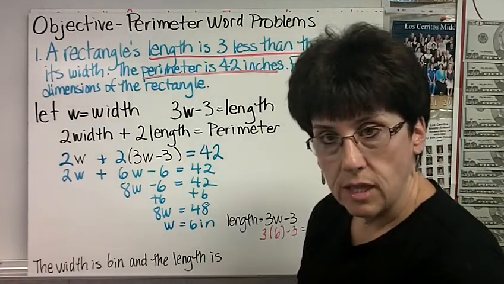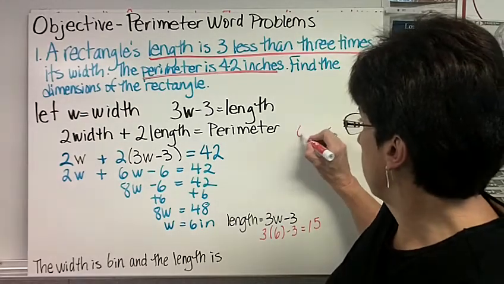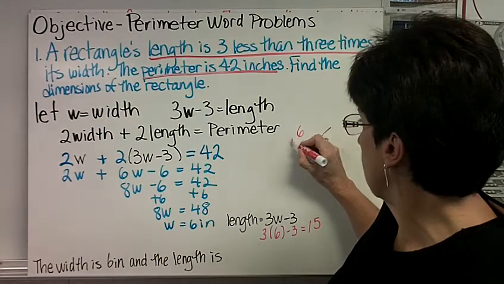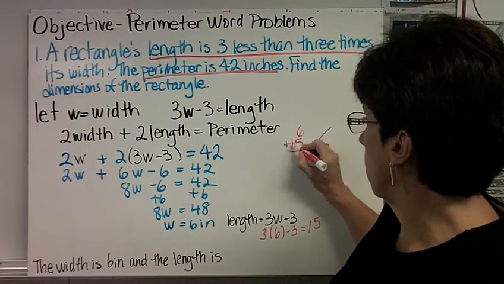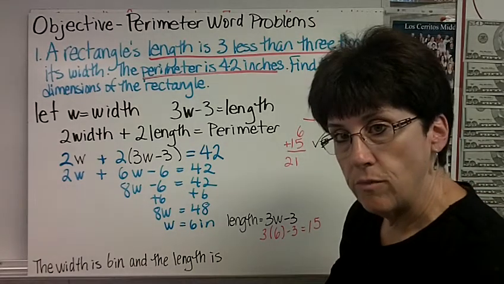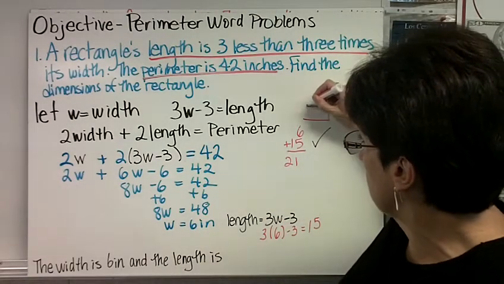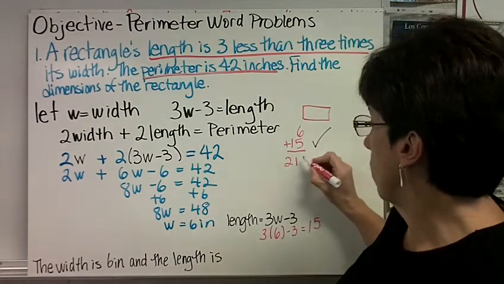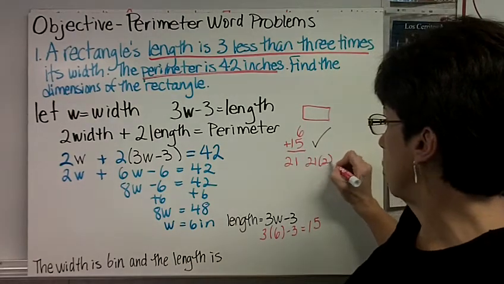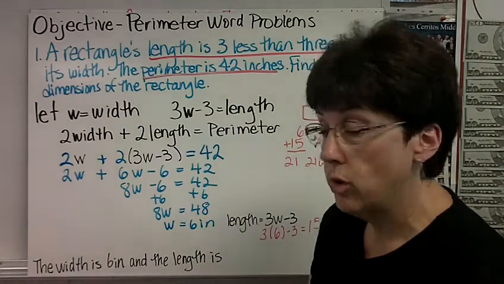Now, if I want to check this, I can go up here and I can say, if I have my width plus my length, that's 21. Okay? If you think about it, that represents that much of my rectangle. If I want to get the rest of my rectangle, I can just multiply it by 2. So if I do 21 times 2 equals 42, and that's what my perimeter was, so I know I'm right.